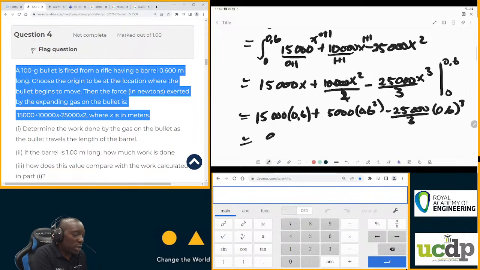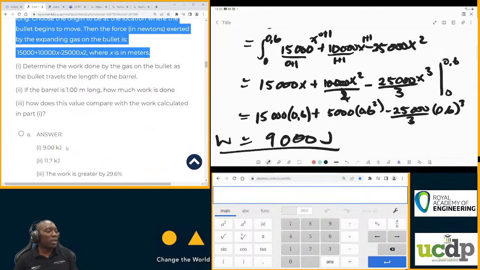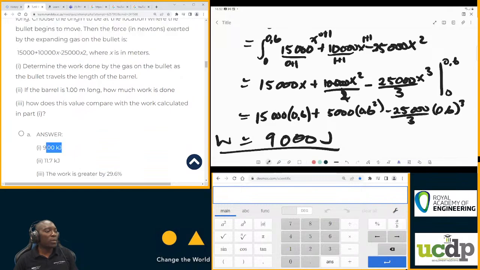This gives us 9,000, and since this is work, joules, 9,000 joules. So the work done by the gas on the bullet as the bullet travels the length of the barrel will be 9,000 joules, or 9 kilojoules.